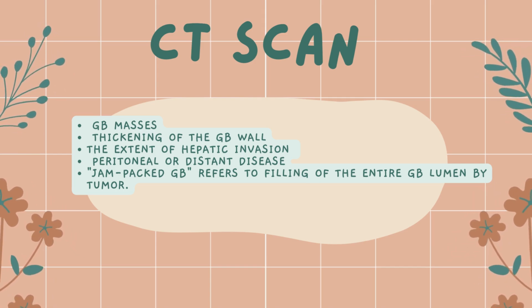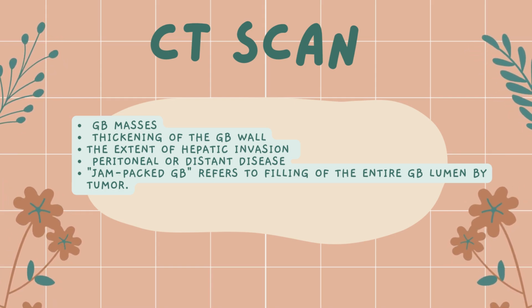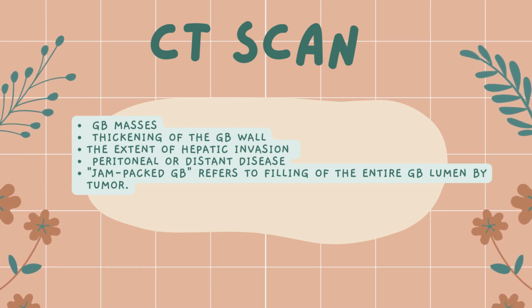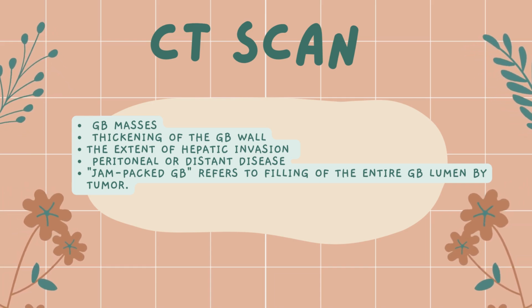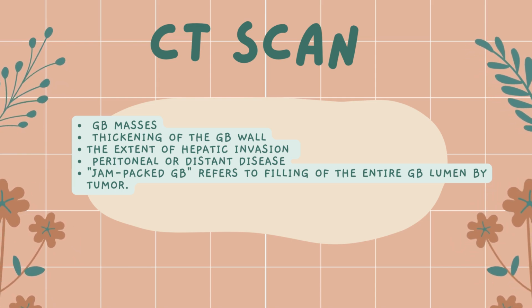Basically, CT scan will reveal GB masses, thickening of the gallbladder wall, which may be diffuse or localized, the extent of hepatic invasion, peritoneal or distant disease, and involvement of lymph nodes.